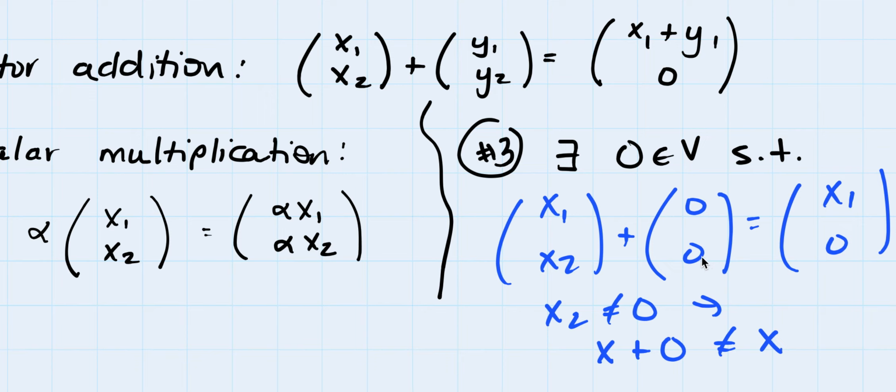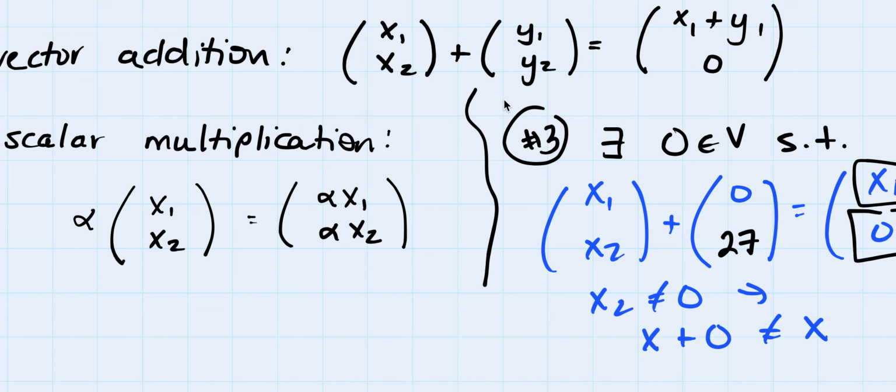Can we change this? Is there another vector that works as a 0 vector? And the answer is no. No matter what you choose, this one has to be 0 in order for you to get this x1 here. But whatever you choose here, let's say you put 27, you're still going to get 0 here, because that's how this vector addition works.